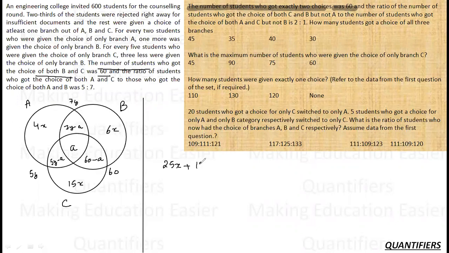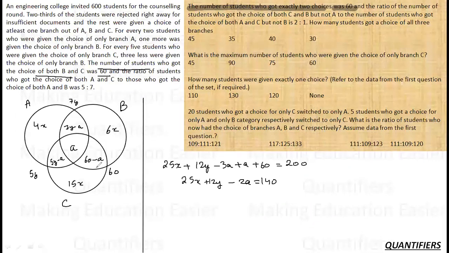So it is 12y minus 3a plus a plus 60 is equal to 200. This I know. So from here, 25x plus 12y minus 2a is equal to 140. This is also I know.